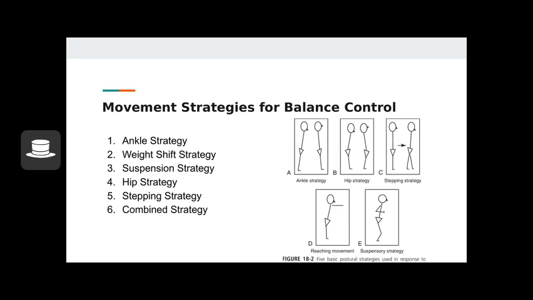Starting at the ankle, we move back or forth depending on the direction our body is moving or being pushed outside of its center of gravity. This helps make sure that we keep that center of gravity within a so-called base of support.